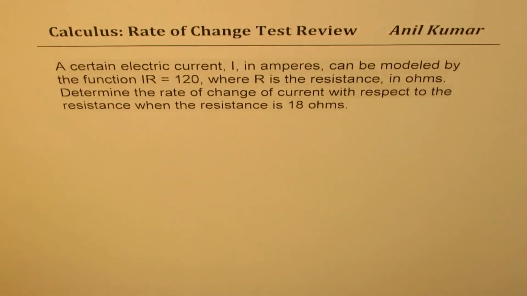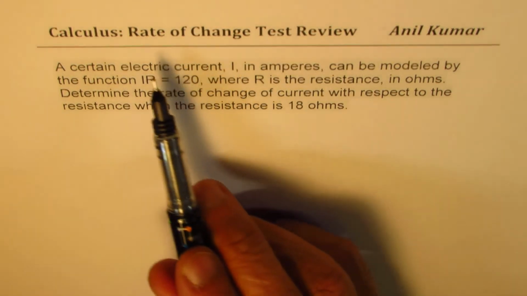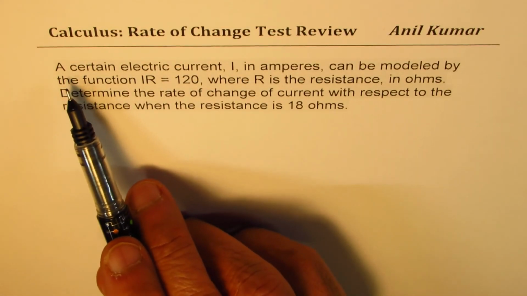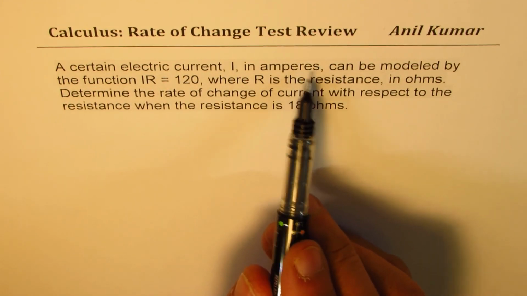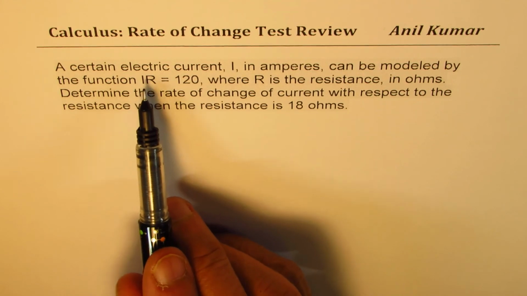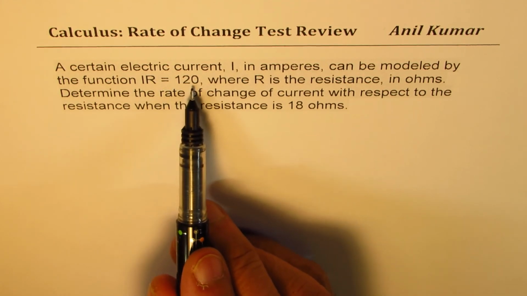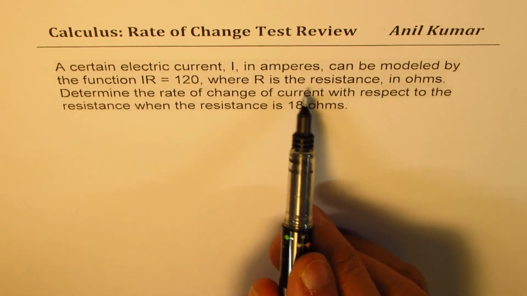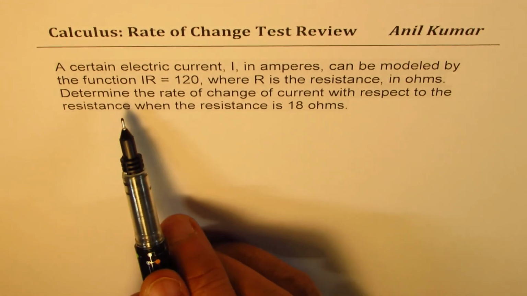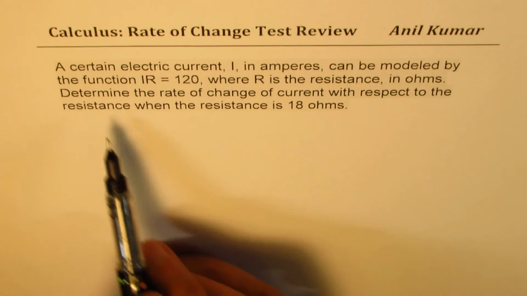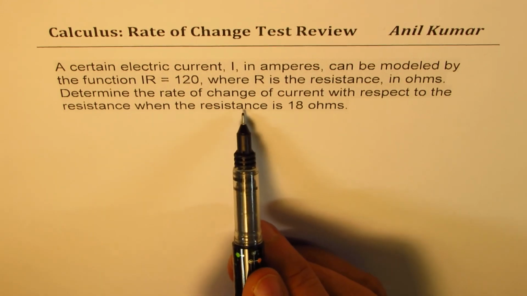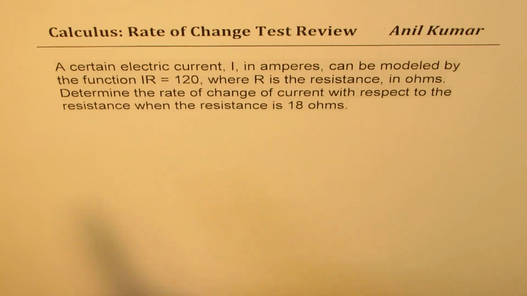Now here is another question, and this is the last question of our test preparation on rate of change. A certain electric current I in amperes can be modeled by the function IR equals 120, where R is the resistance in ohms. Determine the rate of change of current with respect to the resistance when the resistance is 18 ohms.